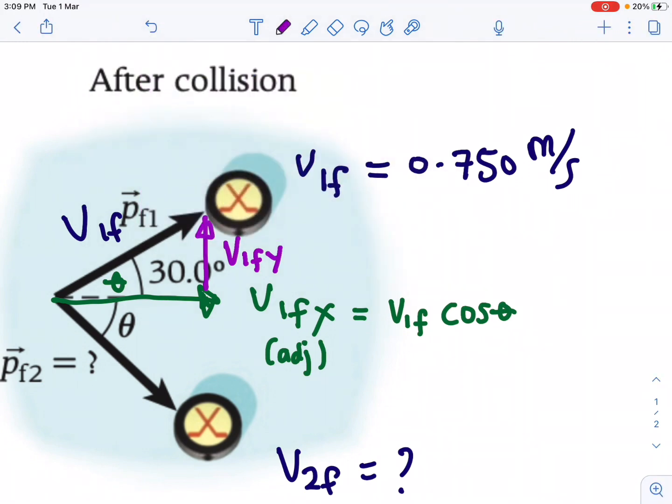Correspondingly, the y component, or the vertical component of the final velocity of this object right here, would just be equal to V1 final multiplied by sine of the angle theta, because once again, our V1y final is the opposite side with respect to the angle theta.